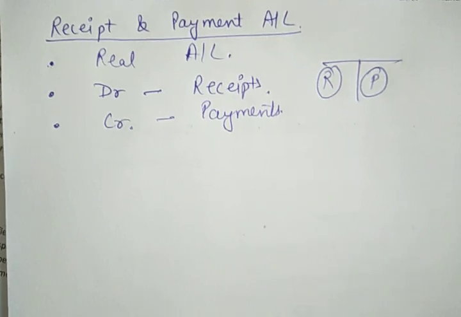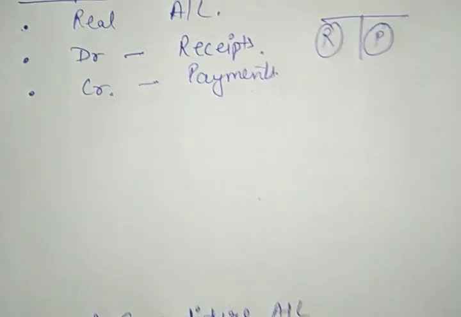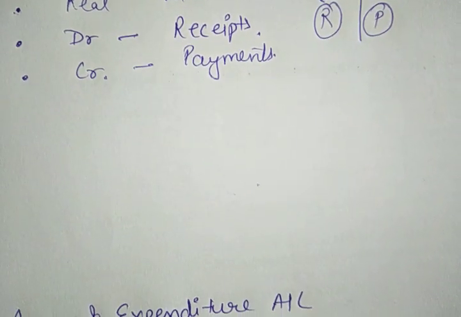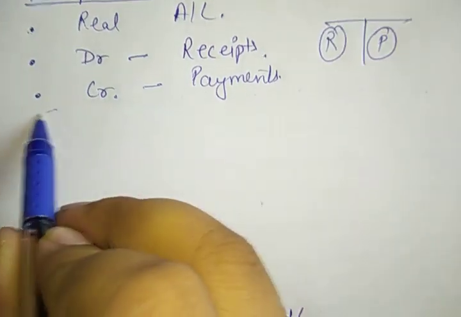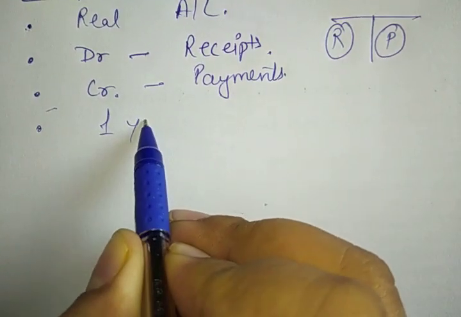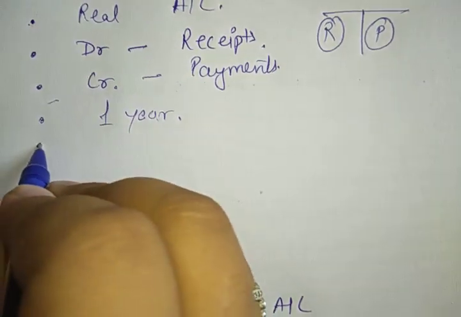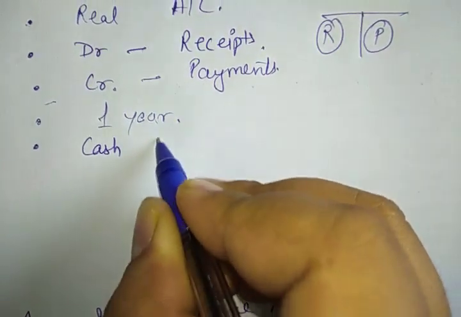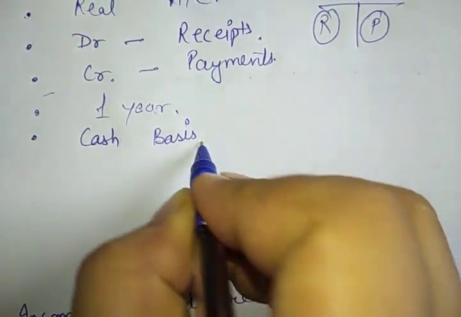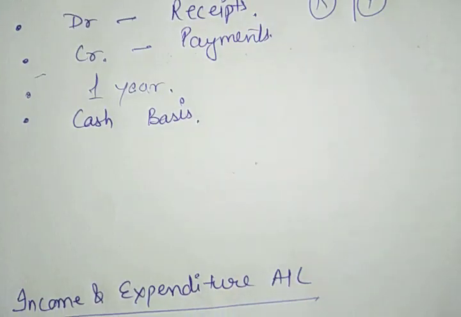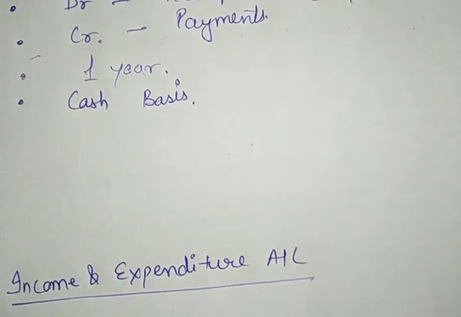This account particularly will be made for a particular year, one financial year. The base of accounting will be purely on cash basis, which means we received the cash, whether for this year or for the next year, we will be recording it here.